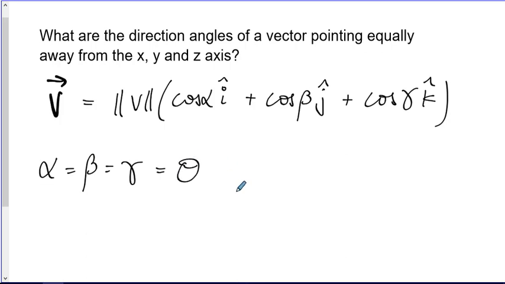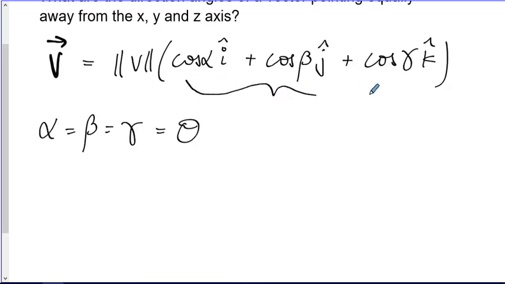Let's call it theta. Because this is a unit vector, and v would just specify any direction, this magnitude of v would specify any magnitude. This uniquely determines a direction, but let's suppose the direction was equal in each of those angles to each of the axes.